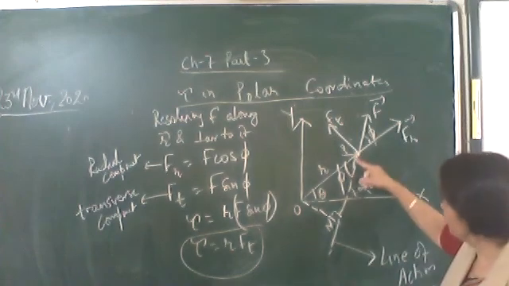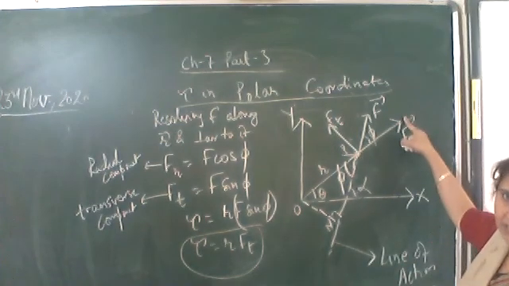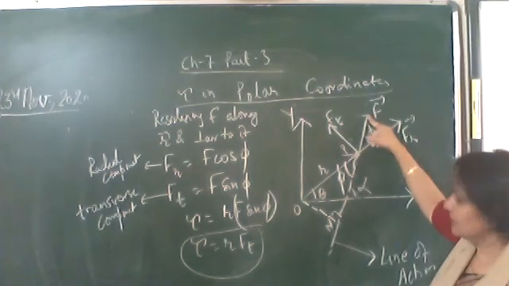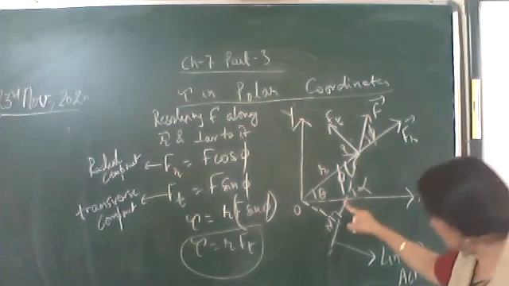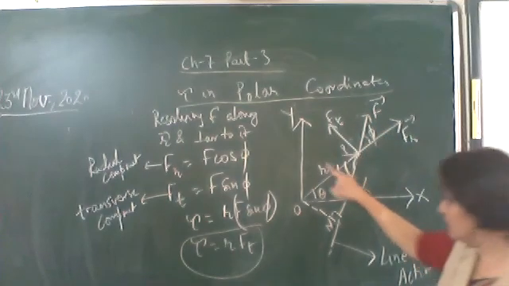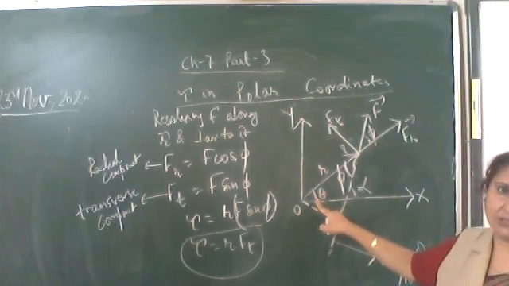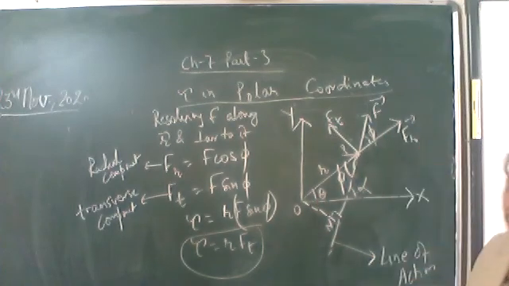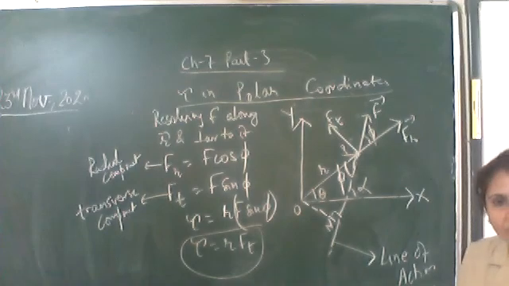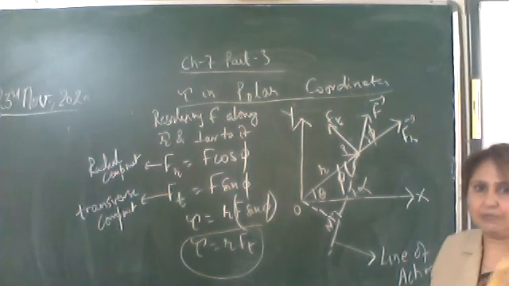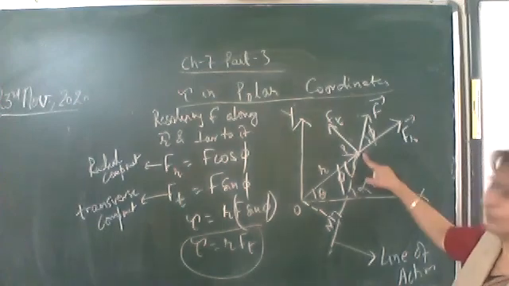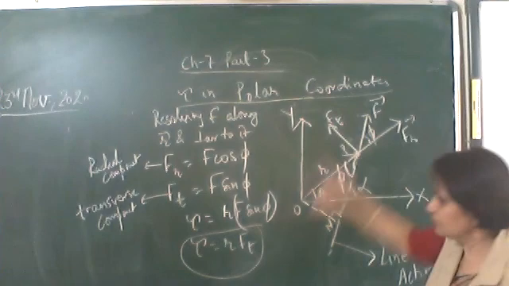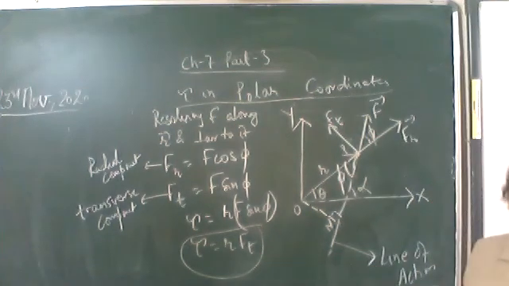So that is why the force vector we have not extended along the same line or along r. Force is acting along some other direction. Force is making an angle alpha, r is making an angle theta. Because of the radial component of the force, the tau is 0. There won't be any tau. The particle will not rotate due to the radial component of force. Only due to the transverse component of the force is the tau applicable.